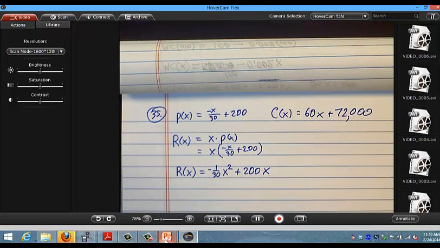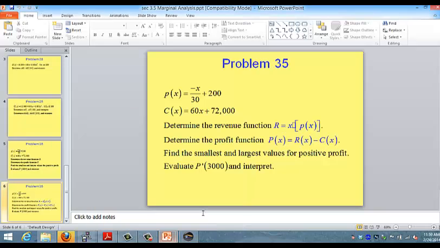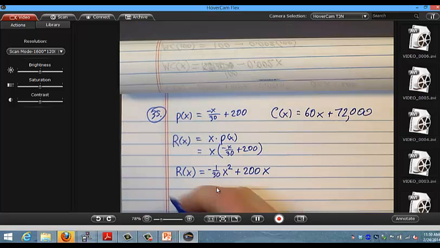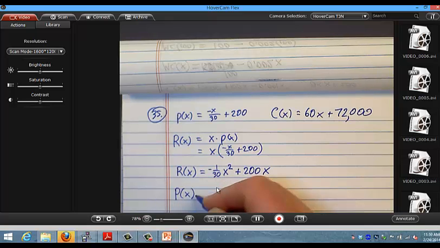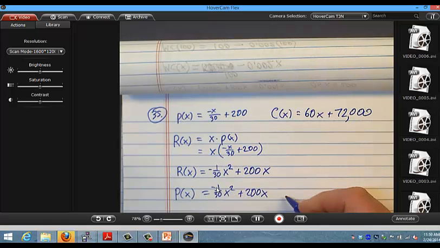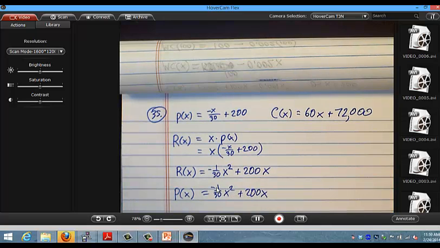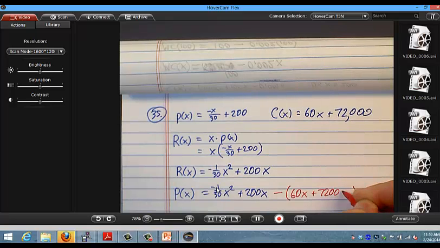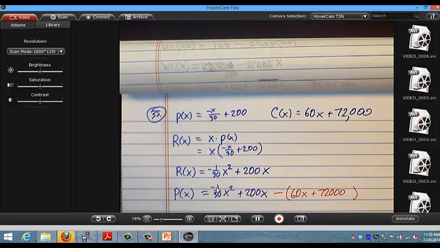So what did it ask me to do then? We were asked to determine the profit function. All right, so all I have to do now is take that revenue function and subtract what? We have to subtract the cost function. So I'll take that negative 1/30th X squared plus 200X, and now I'm going to subtract, better put it in parentheses, 60X plus 72,000. Right?